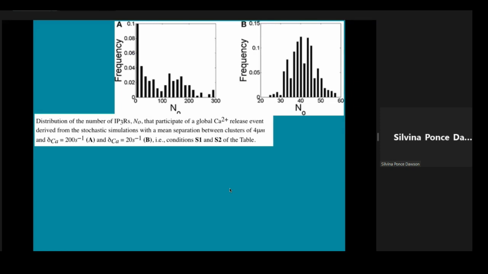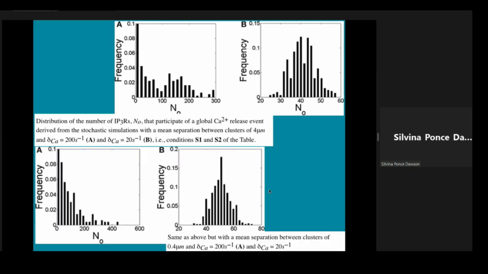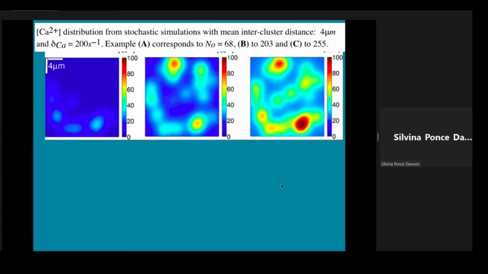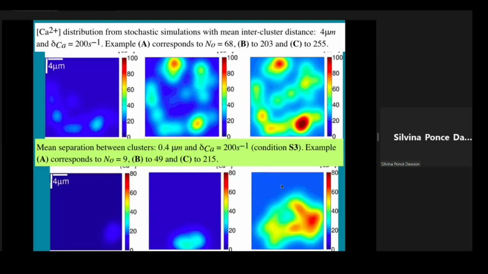And we computed the distribution of clusters that participated in the event. Basically what we saw was that the main factor that changed the distributions, rather than the distance between the clusters, was the rate at which calcium was being removed. And these are some snapshots of the simulations of the calcium distributions that we saw.